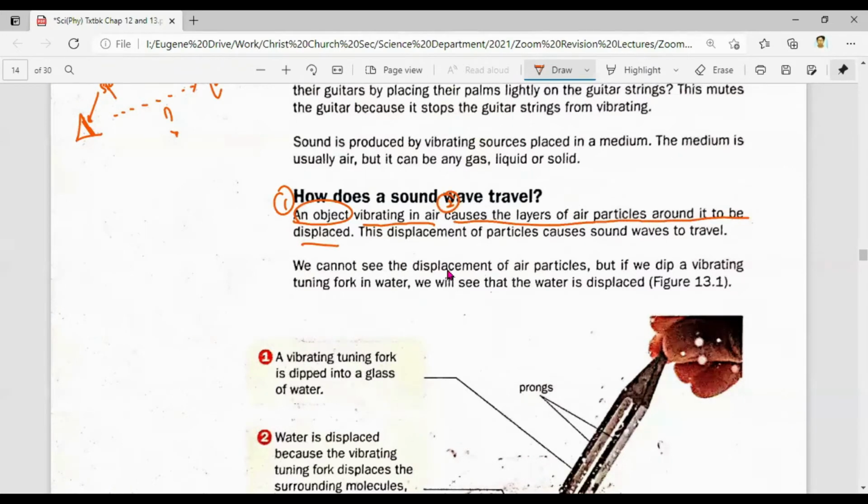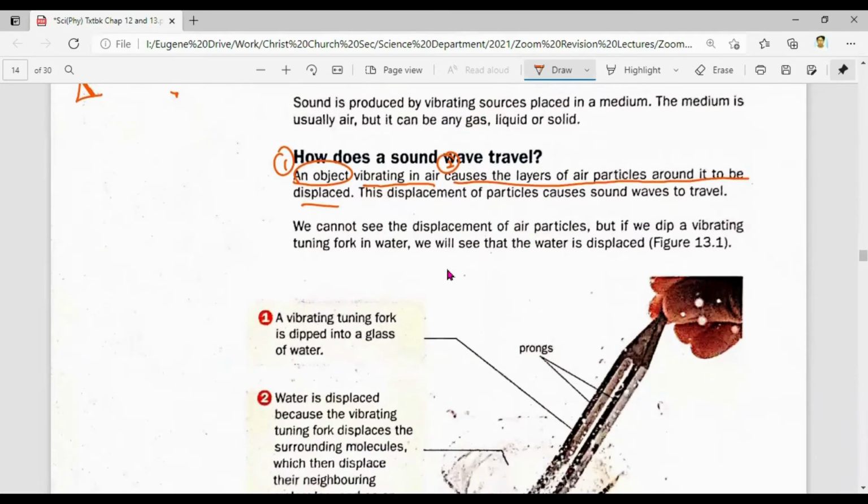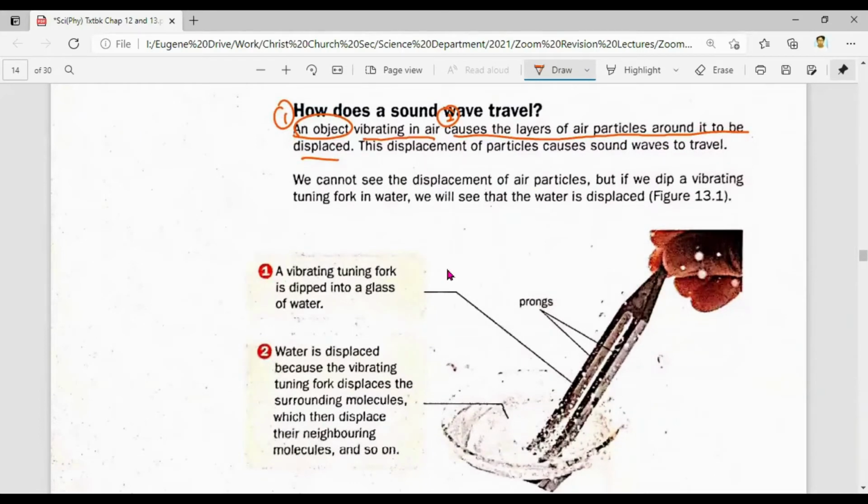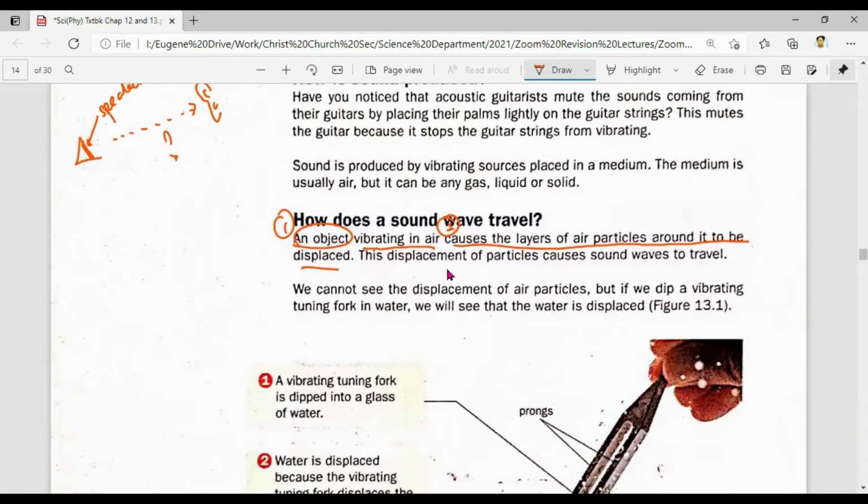So first thing, the object vibrates. Next, it causes the layers of air particles around it to be displaced. So I'm showing you the general sequence.